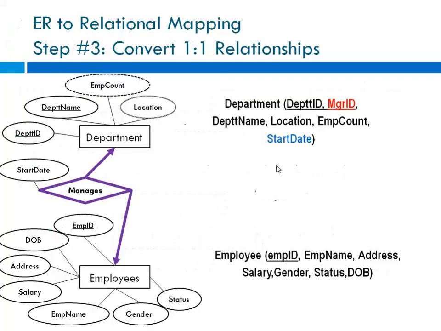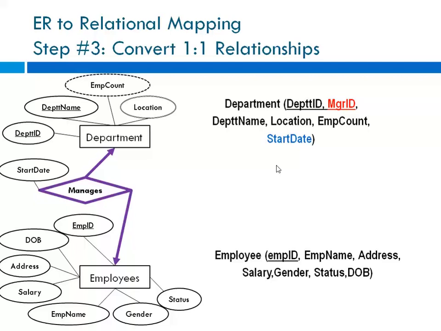So let us see here. In the ER diagram that we discussed at the beginning, there we have a manages relationship with one-to-one cardinality. How it is defined is that one employee can work as a manager for a department, and when this employee has started as a manager of that department, that start date is given with the relationship.